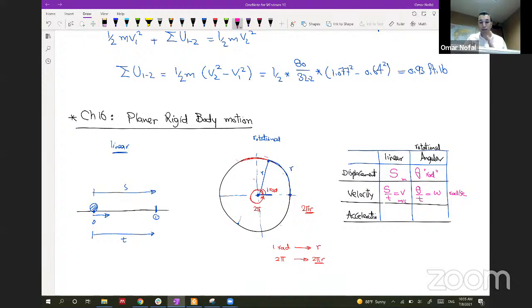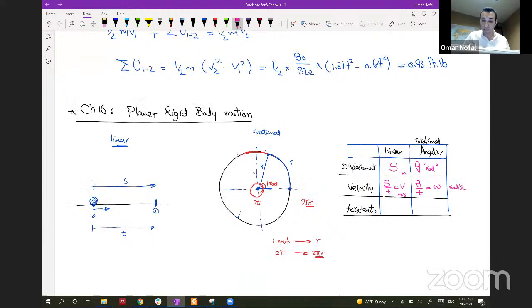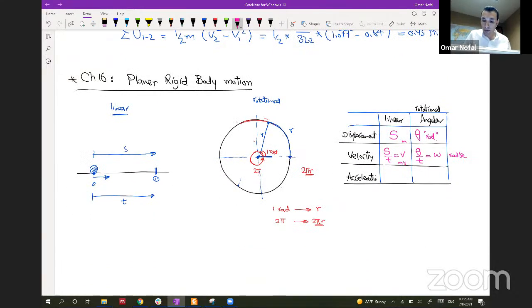With this, you will be able to know how much time it takes to do one cycle around the circle.